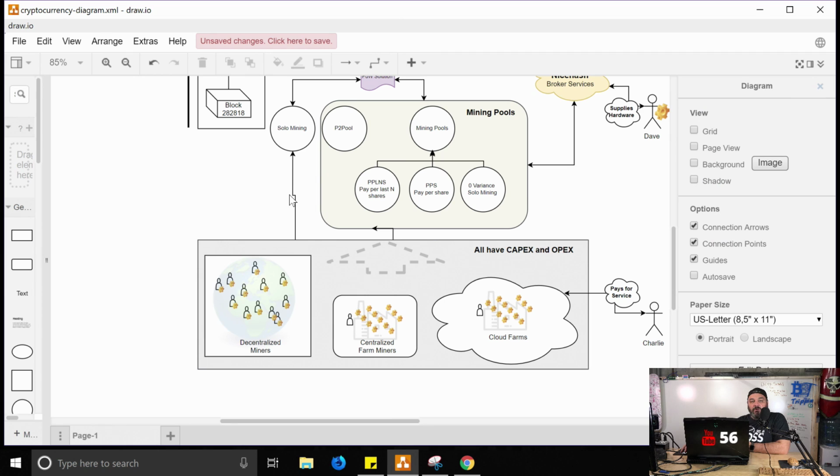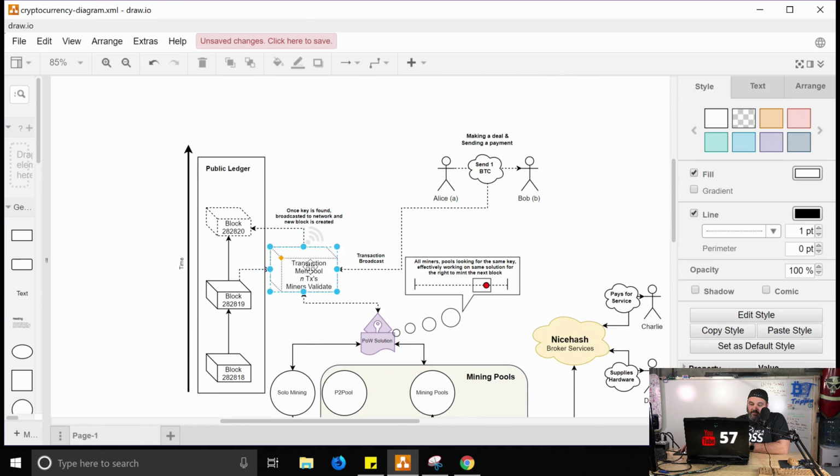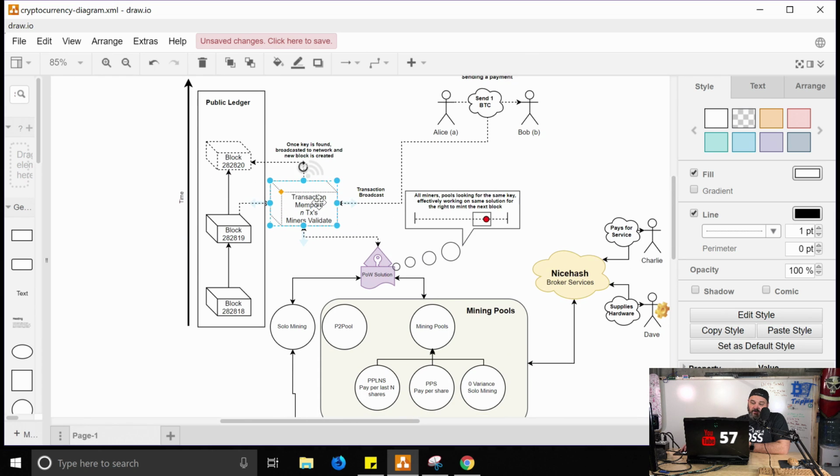If somebody has done the due diligence to see that they're not just taking what's in the mempool and including it in the solution for the next block, and they're censoring transactions on the blocks that they win.